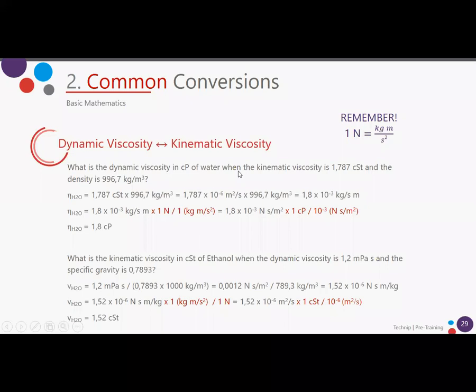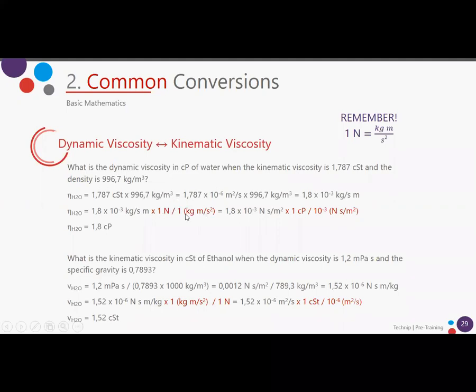As we saw before, 1 centistoke is 10 to the power of -6 square meters per second. When I multiply these two factors, I will get 1.8 multiplied by 10 to the power of -3, and the unit I will get is kilograms per second meter. And what I now have to do, remembering how much 1 Newton is, is multiply again by 1, expressed in Newton and kilogram meter per square second.